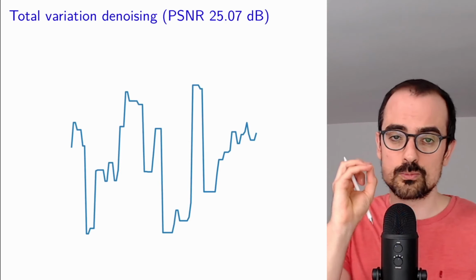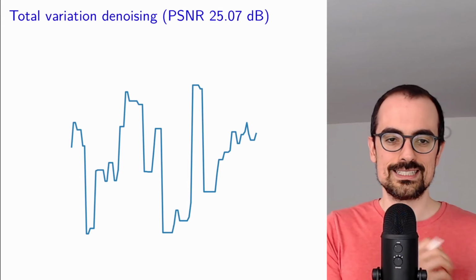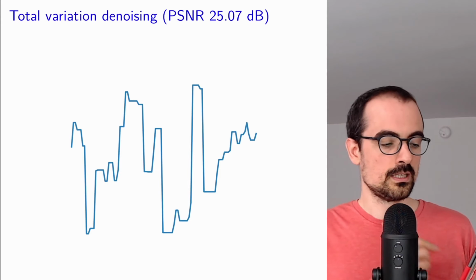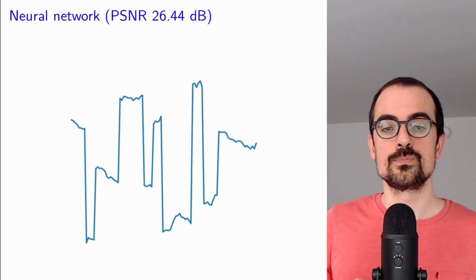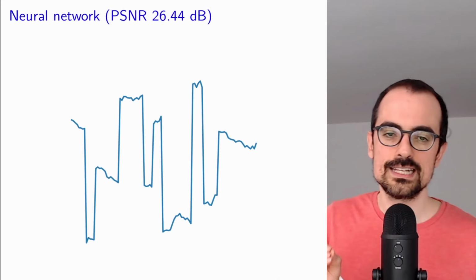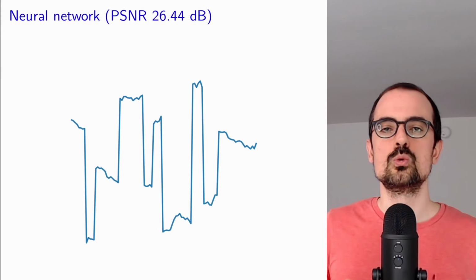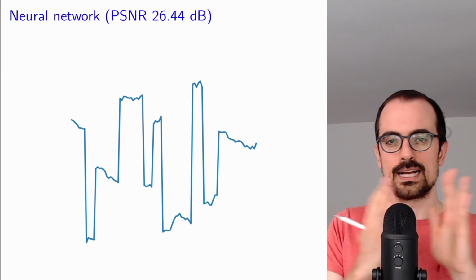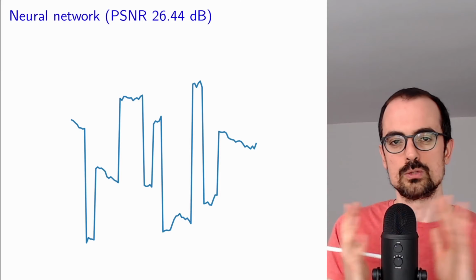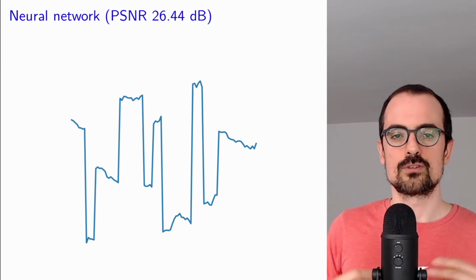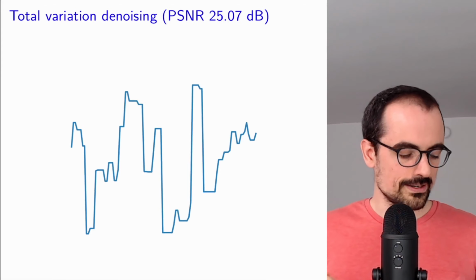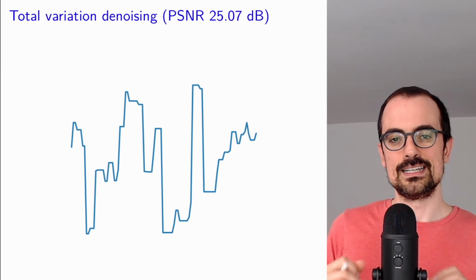Again, this algorithm was precisely conceived to denoise this type of signals, but we actually do a little bit better with the neural network. And the way to explain this is that the neural network is able to understand the kind of jumps and intervals between jumps that it can expect from the training data, whereas total variation denoising is kind of general purpose.